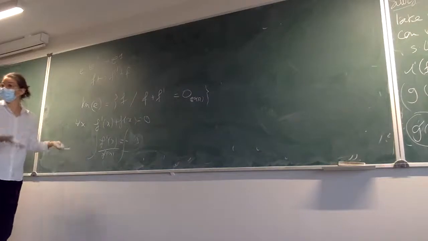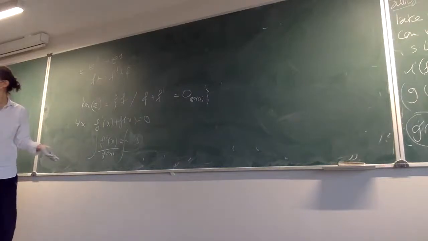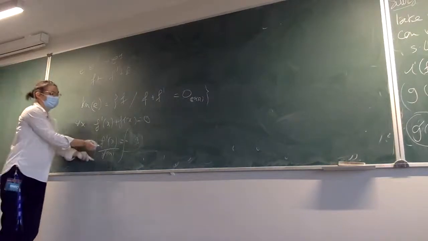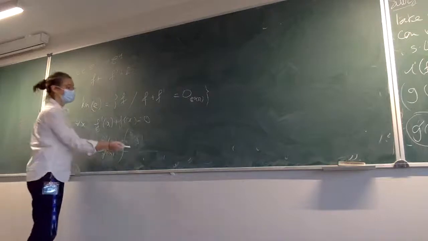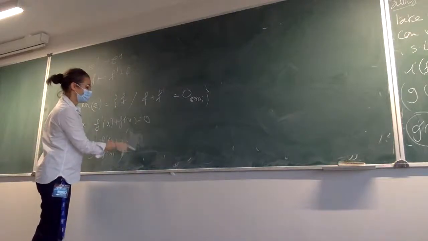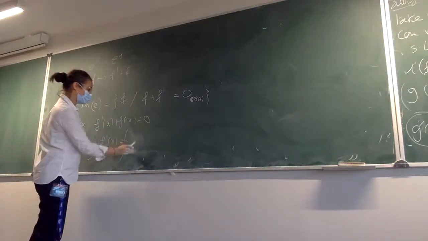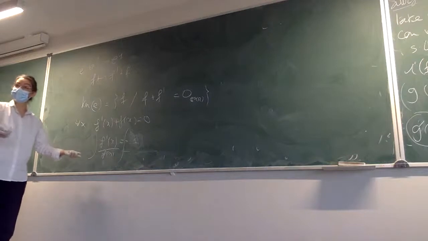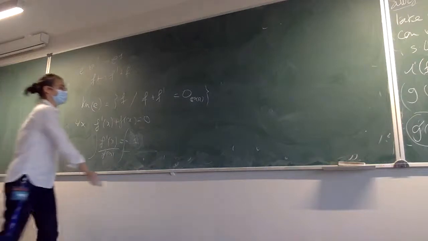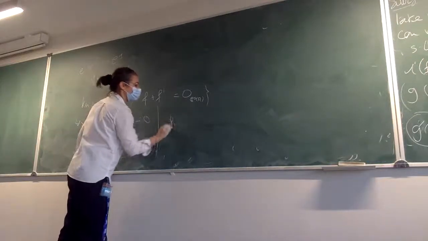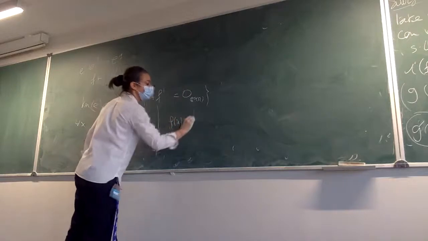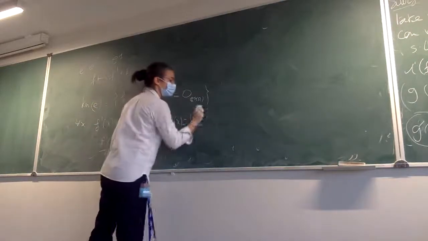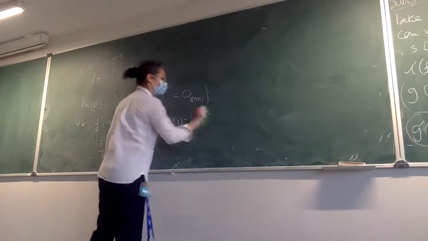It's just solving a first order differential equation. So log of f is equal to minus x plus a constant, and then you take the exponential, so we get that f of x is equal to any constant times exponential of minus x.